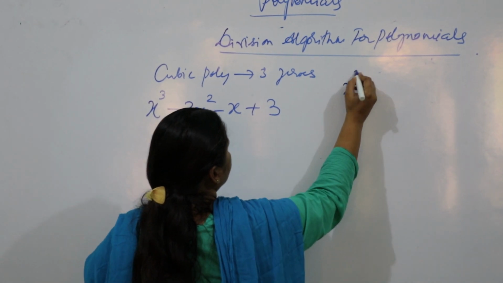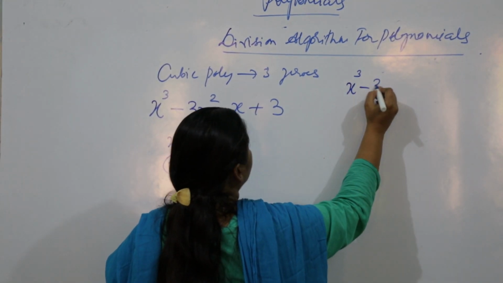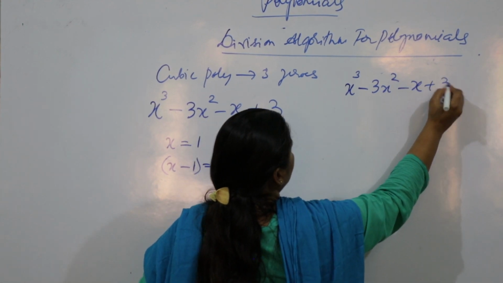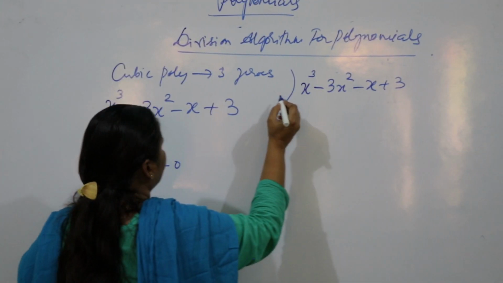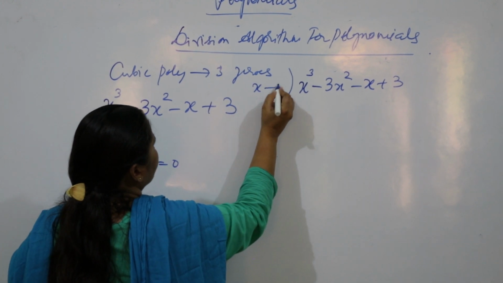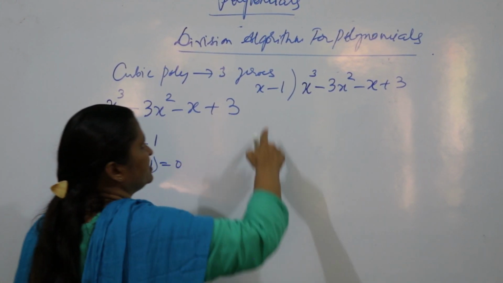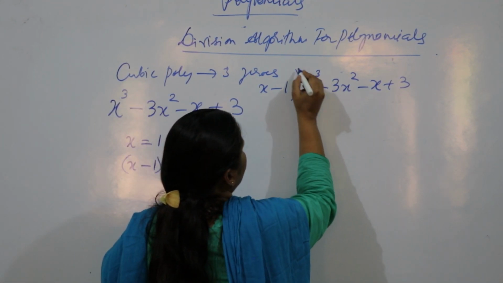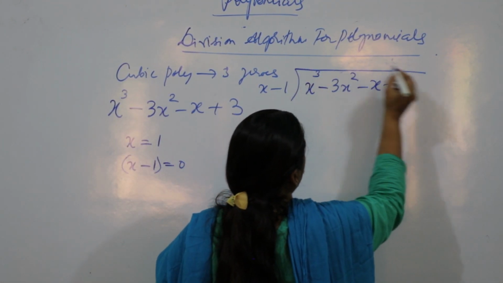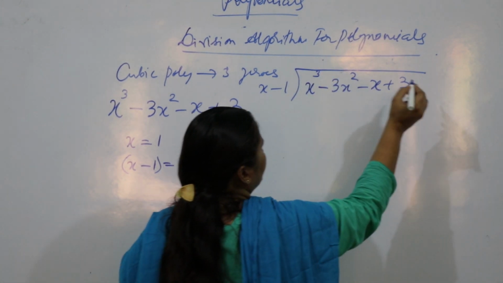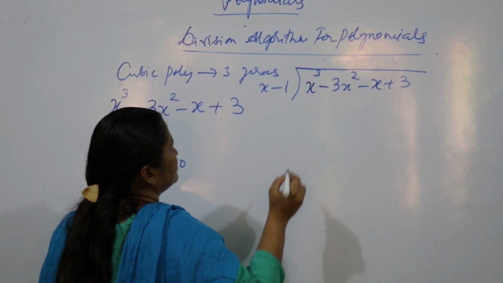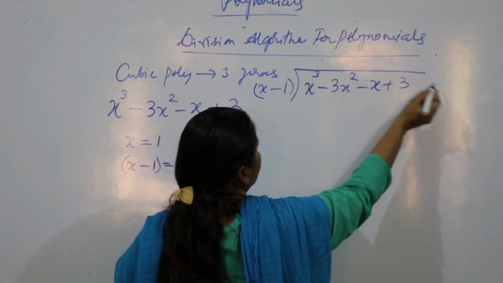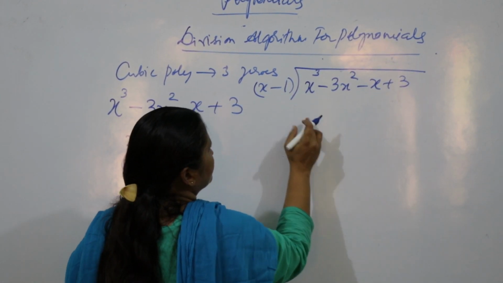I will rewrite this: x cube minus 3x square minus x plus 3 divided by x minus 1. I am taking this as a factor to divide. I always suggest you take your quotient here, not here, because it becomes difficult for you to write the terms.